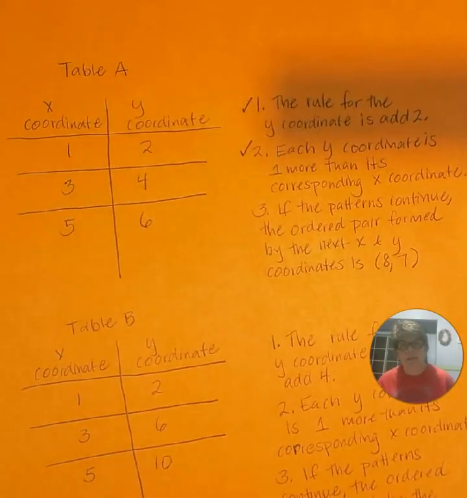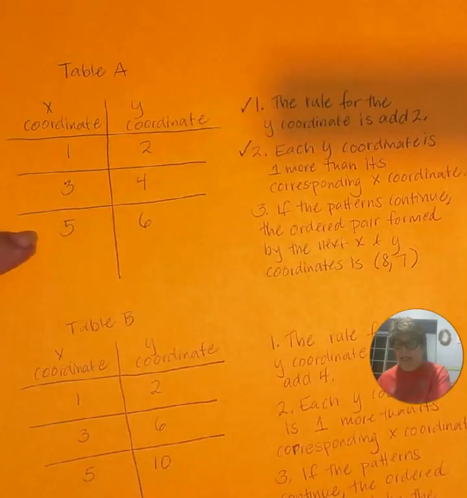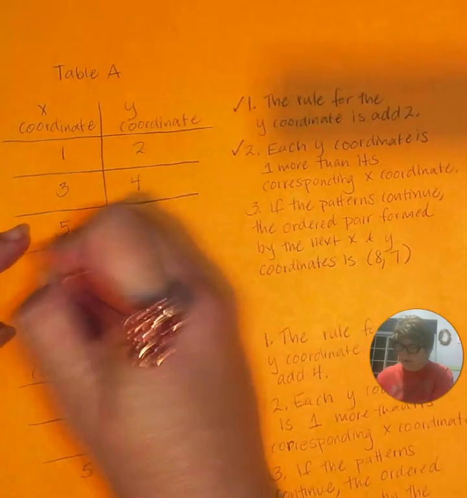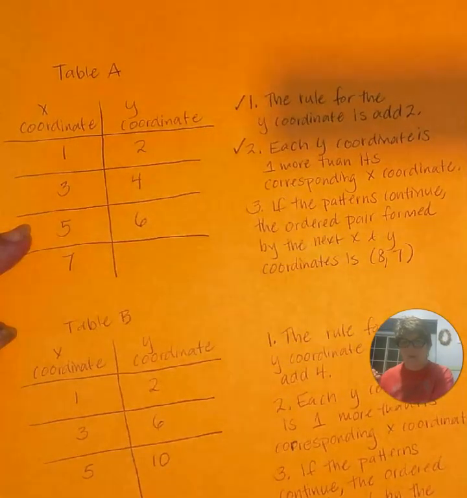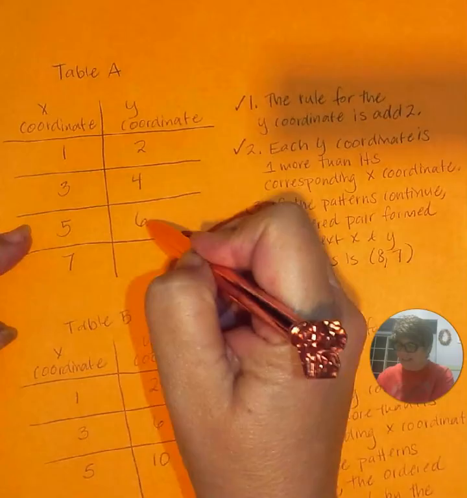If the patterns continue, the ordered pair formed by the next x and y coordinate is 8 and 7. Okay, so what would be the next x coordinate? Remember, our pattern is adding 2. So 5, 6, 7. And y would be 6, 7, 8.